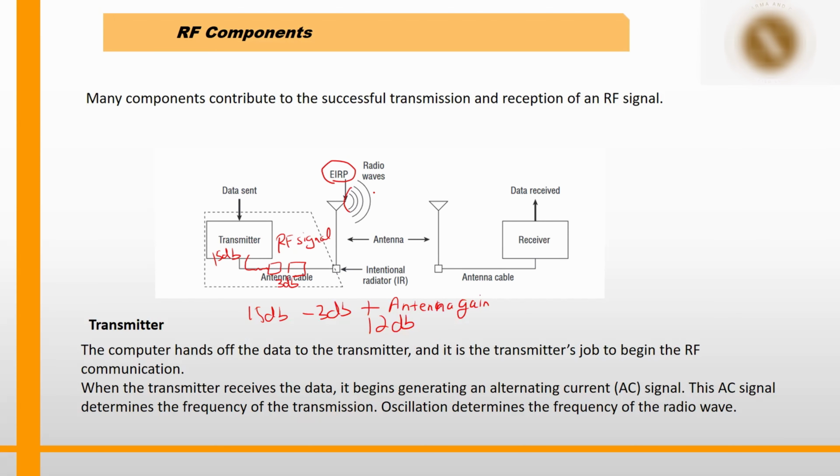So in that case, the signal strength will be 15 dB. So when it is emitting the radiation, this is the EIRP. So that is all EIRP.